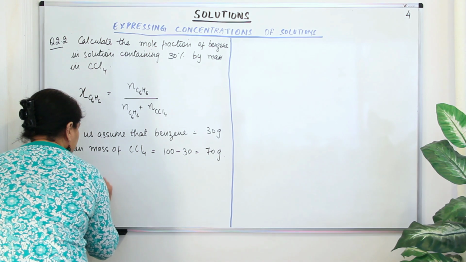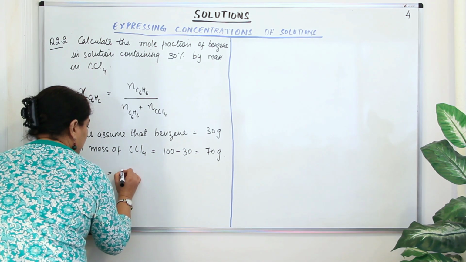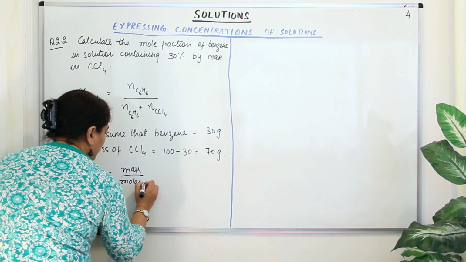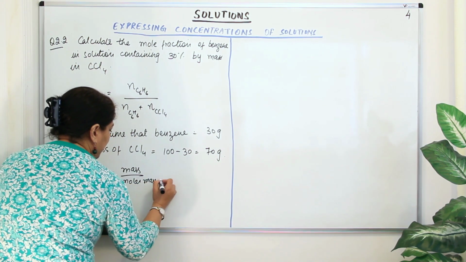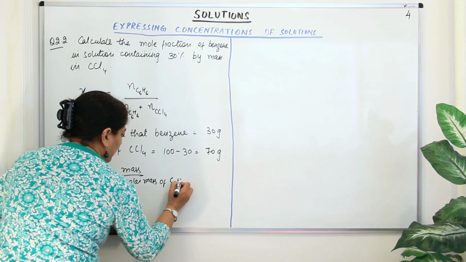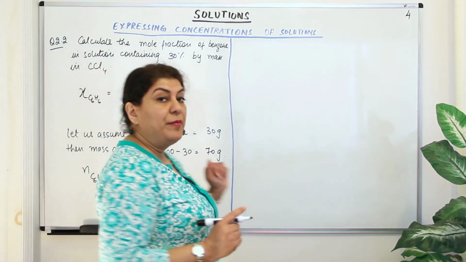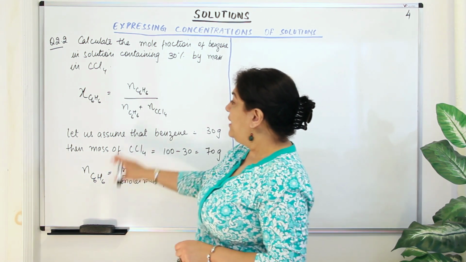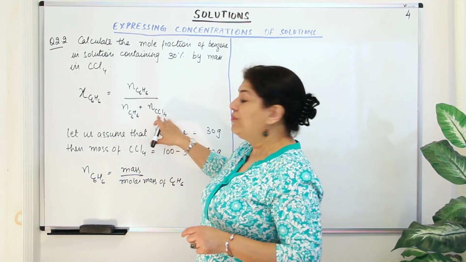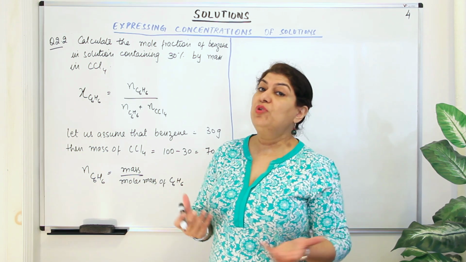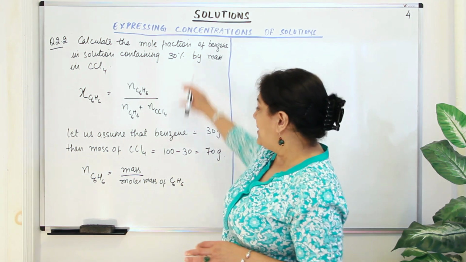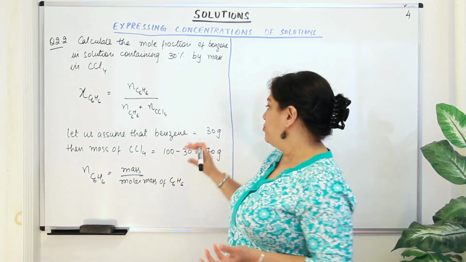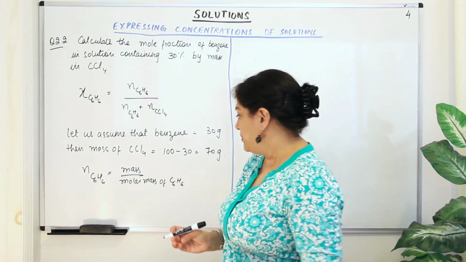Number of moles of C6H6 would be equal to the mass given upon the molar mass of benzene. Now, in order to calculate the number of moles of benzene, we should know the molar mass of benzene. Similarly, in order to calculate the number of moles of CCl4, we should know the molar mass of CCl4. And the masses, of course, we have already imagined them to be 30 grams and 70 grams.